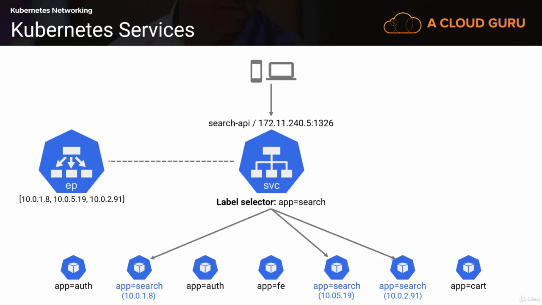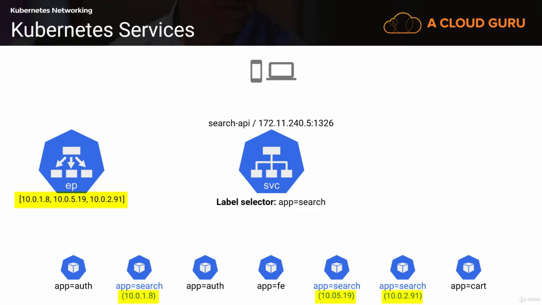So, in our example, the endpoint object for the service will have 3 entries, one for each of the 3 pods, yeah? But the cool thing? The service object is always watching the API server to see if new pods that match its selector are being added or removed. And as they are, it automatically updates the list in the endpoint object.